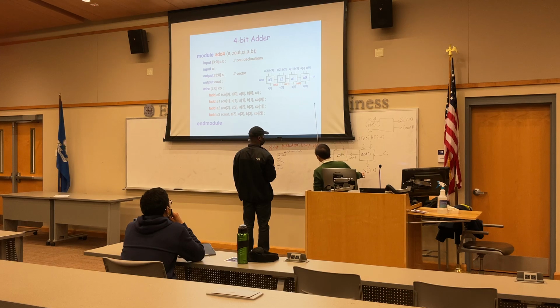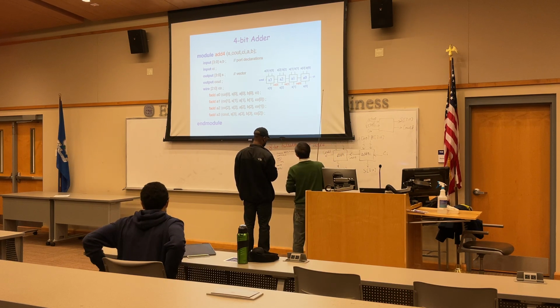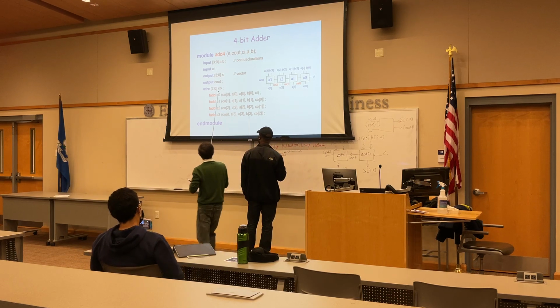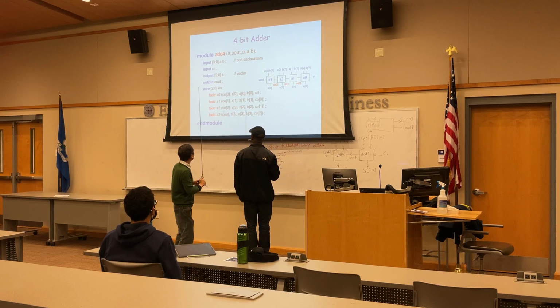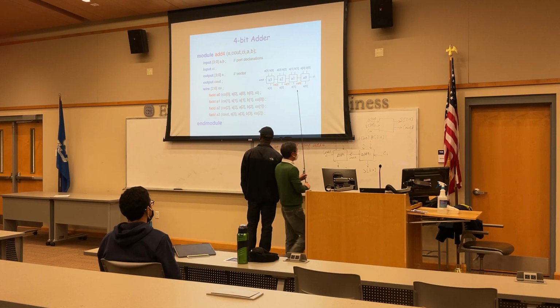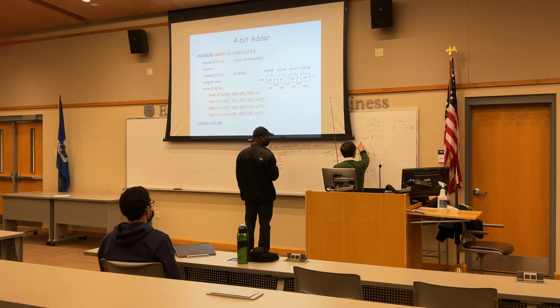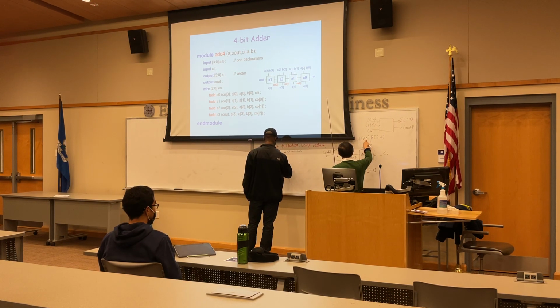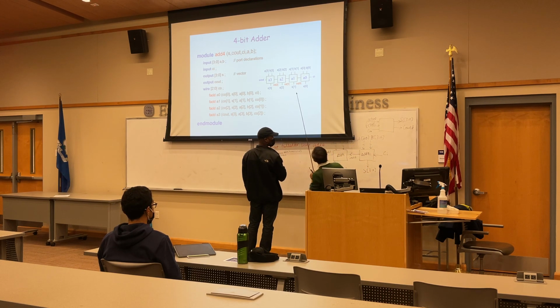S3 to S0, the lower 4 bits. Then let's say here, this is a single bit, and for ours, here this is A and B, A3 to A0, B3 to B0. So actually you say A vector, A3 to 0, B3 to 0, and then your S3 to 0. Oh no, here is sum first.